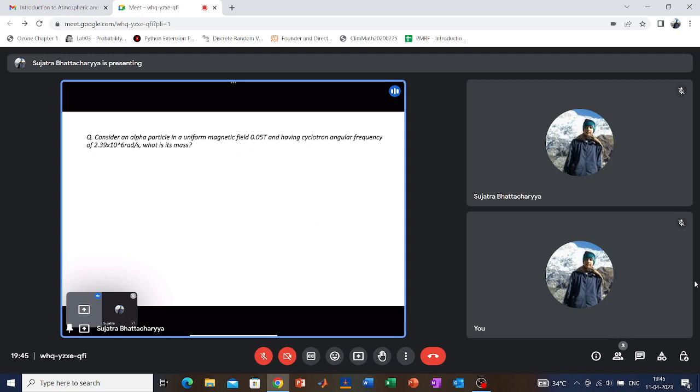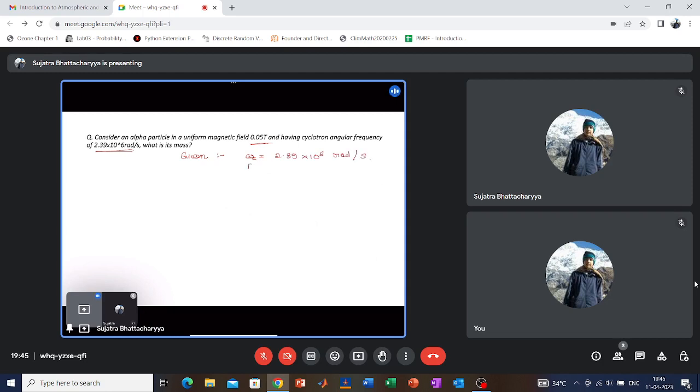So consider an alpha particle in a uniform magnetic field of 0.05 Tesla having cyclotron angular frequency of this. What is its mass? Simple question. So given is this omega c cyclotron frequency is 2.39 into 10 to the power 6 radians per second, right?